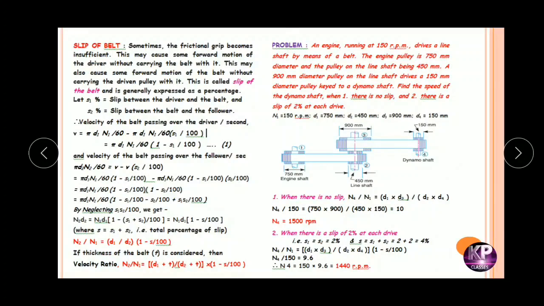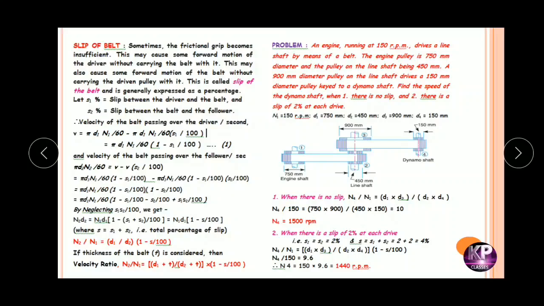Next one is the slip of the belt. What is slip? Sometimes the frictional grip becomes insufficient. This may cause some forward motion of the driver without carrying the belt with it. This may also cause some forward motion of the belt without carrying the driven pulley with it. This is called slip of the belt and it is generally expressed as a percentage.